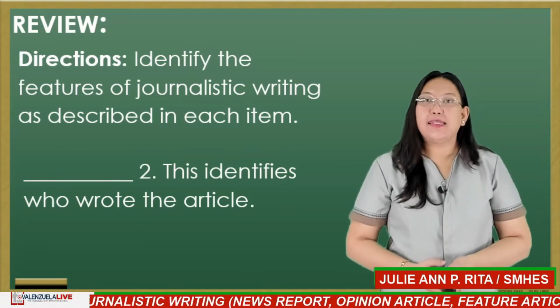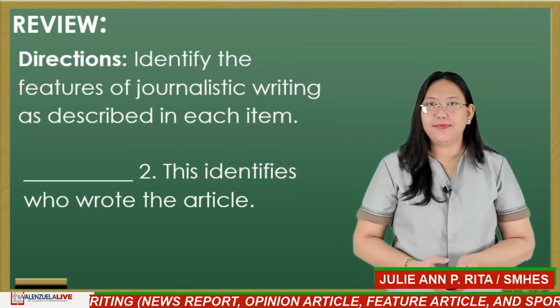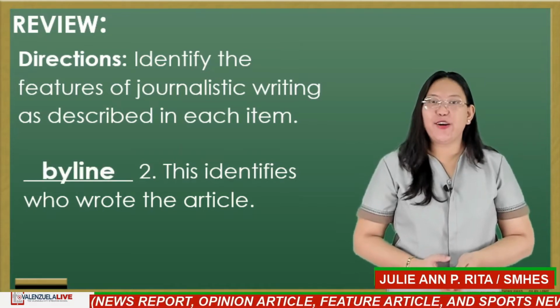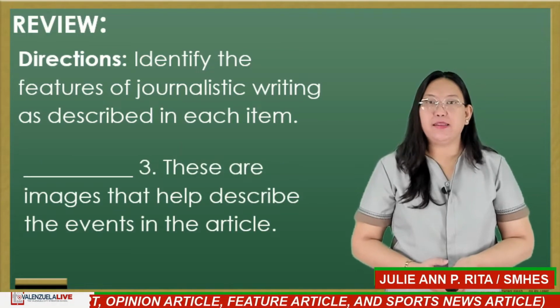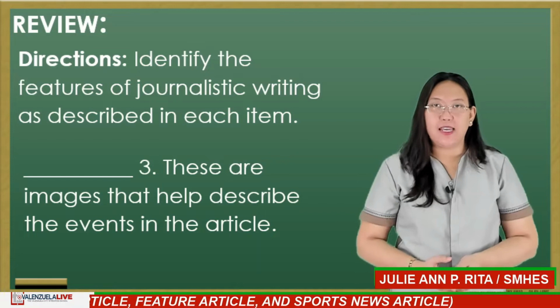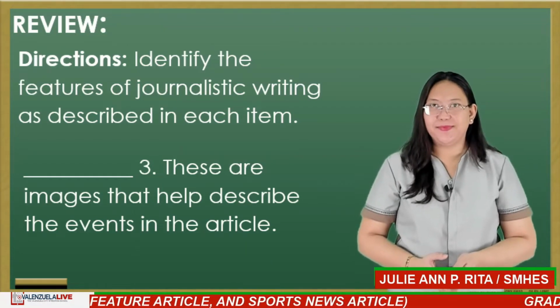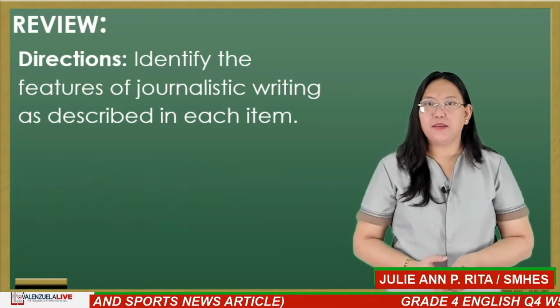Number 2, this identifies who wrote the article. You are correct, byline. Number 3, these are images that help describe the events in the article. You are right, photos.